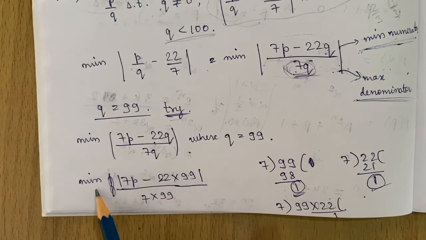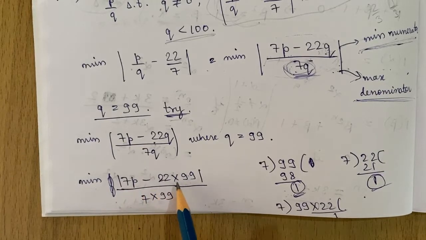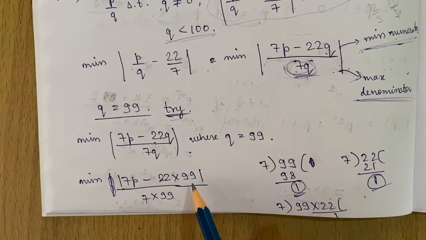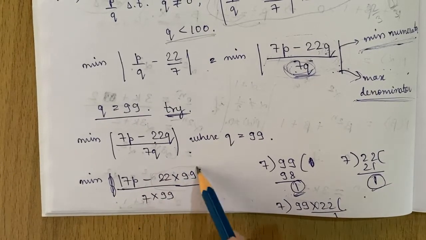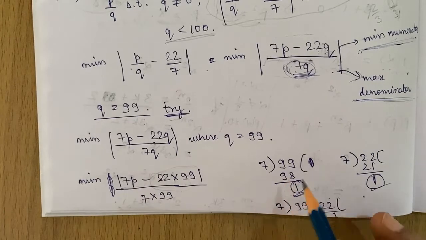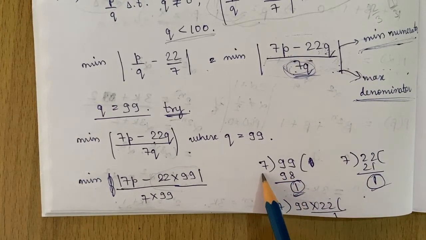So we want to minimize this term. Now 7p would be closest when we divide 22 times 99 by 7 and we get some remainder, so that will be the smallest possible value of this, because we have gone very close to this number and we are just left with some small remainder. So let's look at the remainder.